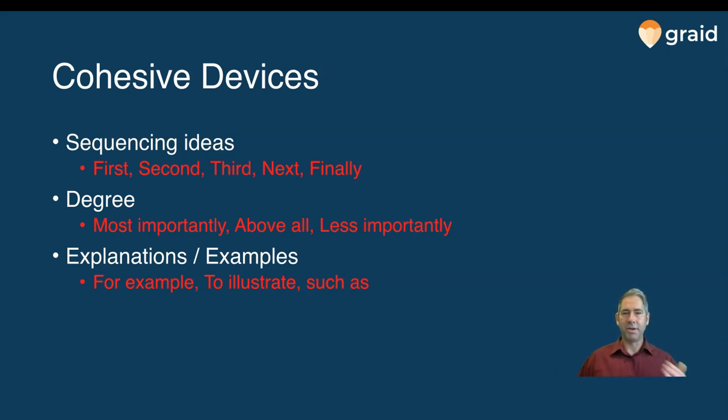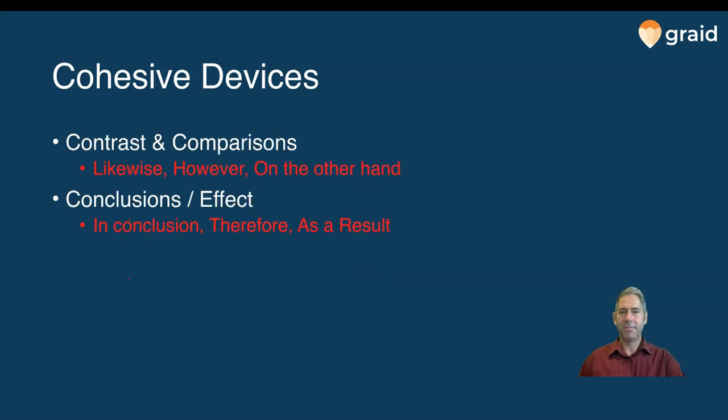For explanations or examples or evidence, you can see in the example before I used for example. Another way of saying that is to illustrate. I also use such as in the middle of a sentence. For contrasting and making comparisons, you might remember the use of however. And like I say, just begin your conclusion with in conclusion.